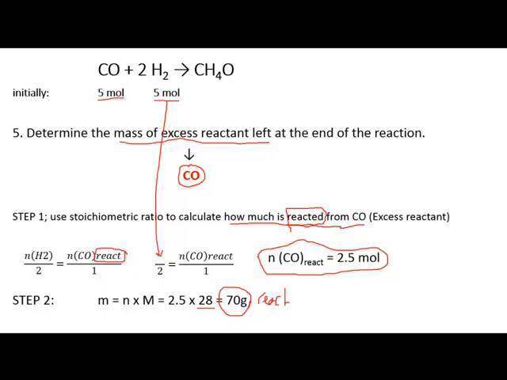In order to calculate the mass left, we must subtract from the 140, the initial mass of carbon monoxide, the 70 gram. So we obtained that the mass left of carbon monoxide is equal to 70 gram.